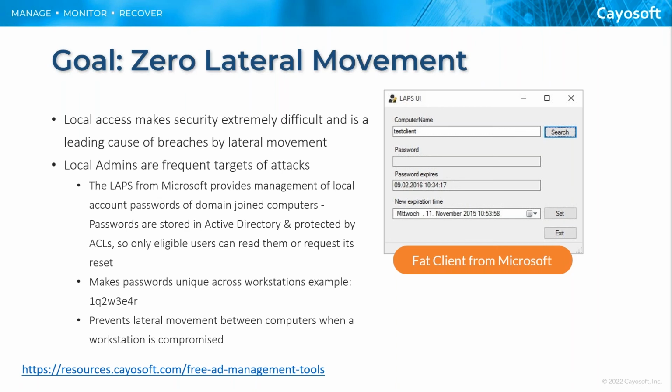Once they have those passwords for that machine, they may be able to hop or move what we call laterally to your directory or to other machines. And so those local passwords become a real issue. Local access to an endpoint is very difficult and one of the leading causes of these breaches, driven by lateral movement.